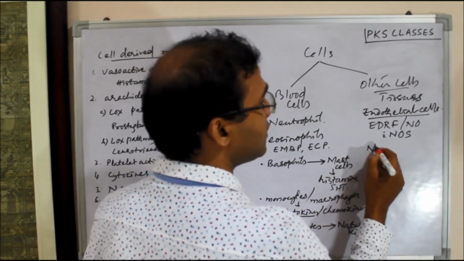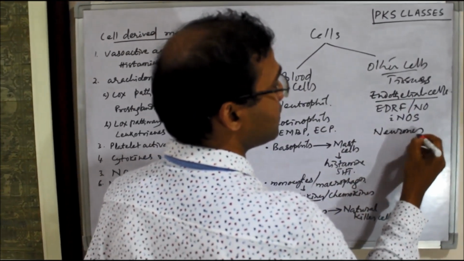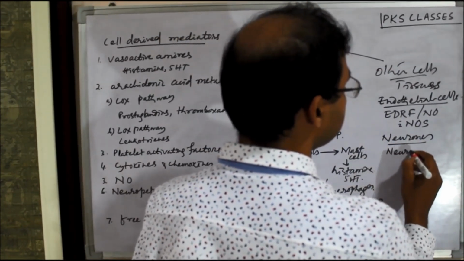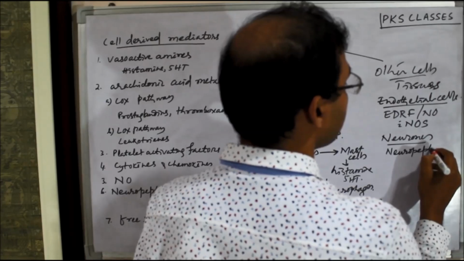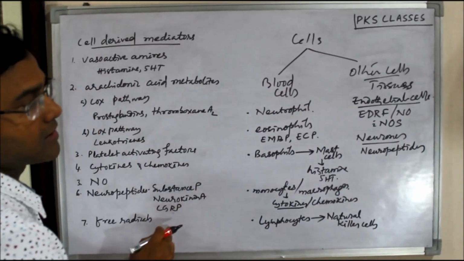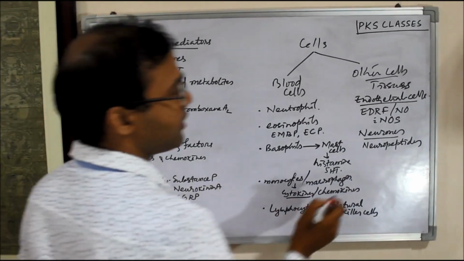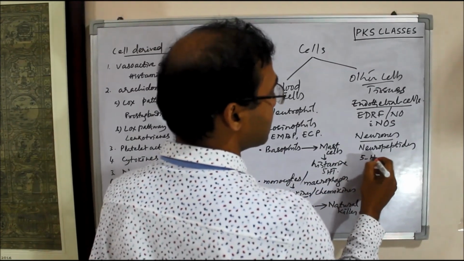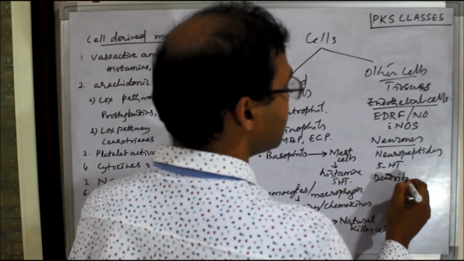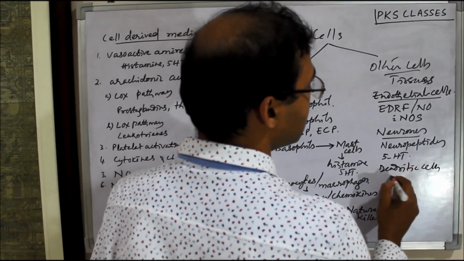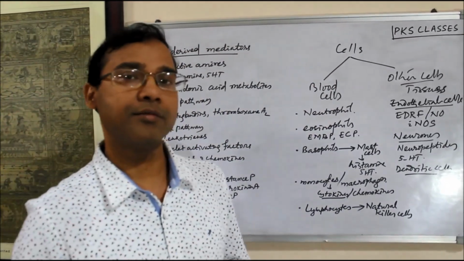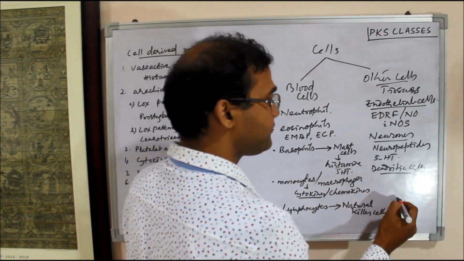Then we have the neurons, and neurons release the neuropeptides like substance P, neurokinin, calcitonin gene related peptide, and 5-HT. Then we have the dendritic cells, because these cells look like dendrites of the neuron.